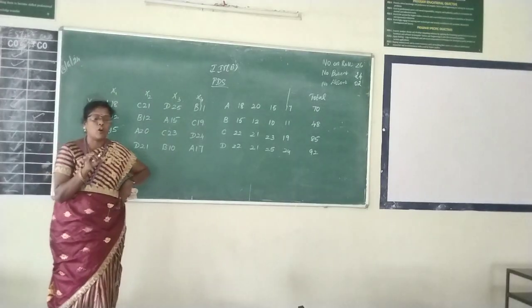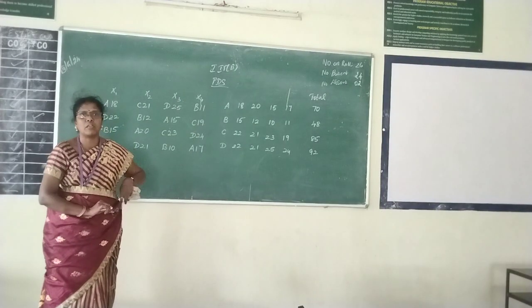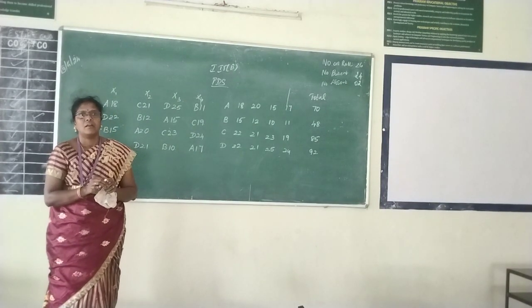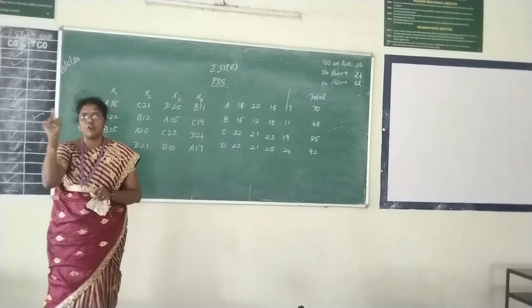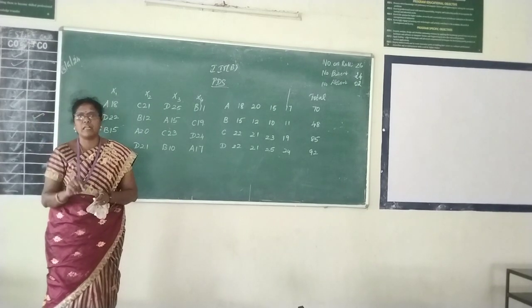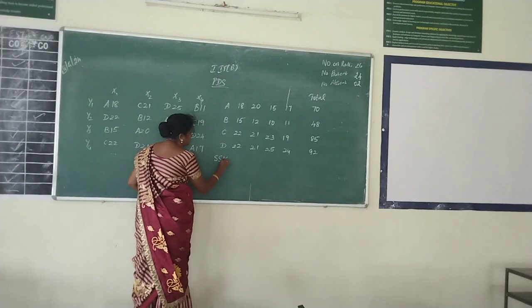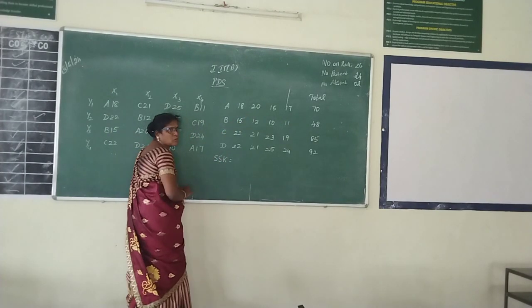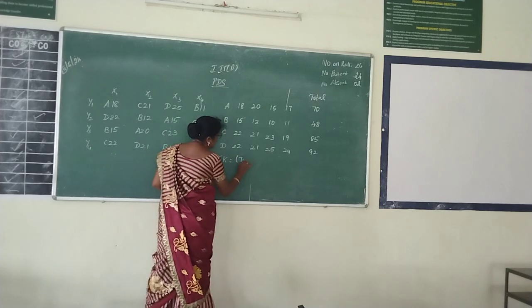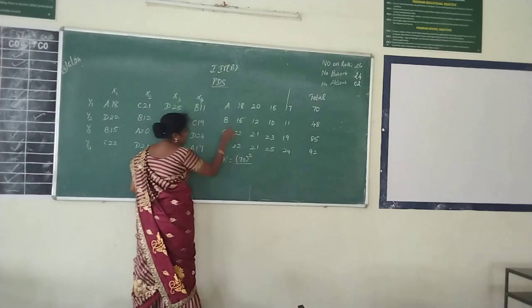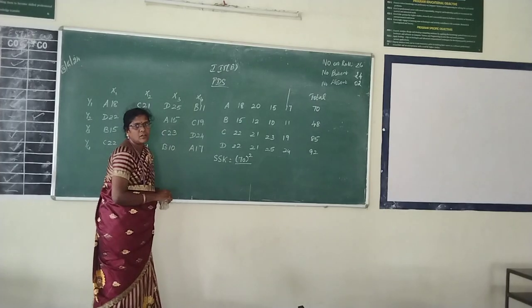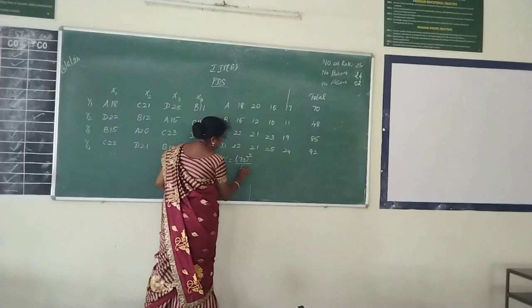Now put all these values in the formula pattern. What is the pattern I told you? The total of treatment, the whole square, divided by the number of elements in that treatment. So SSK will be equal to: first A, for A what is the total? 70, the whole square divided by, how many values in A? 4 values. So divided by 4.